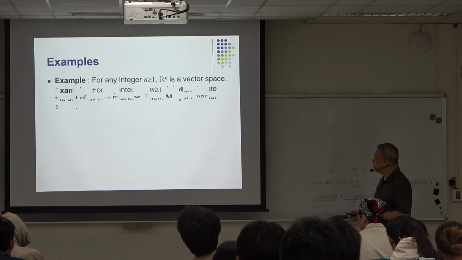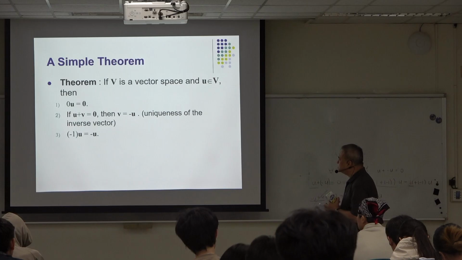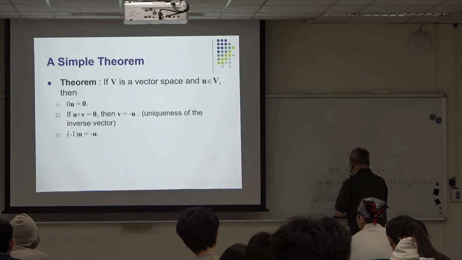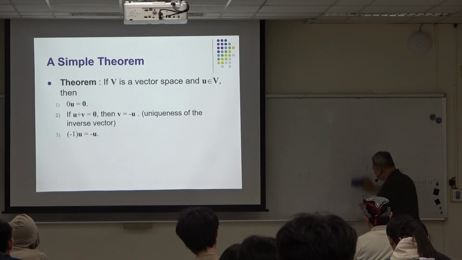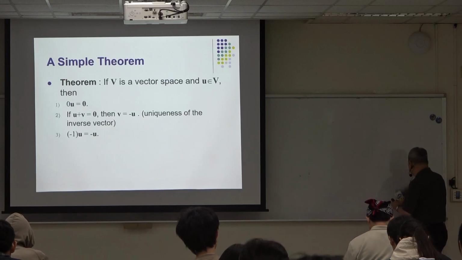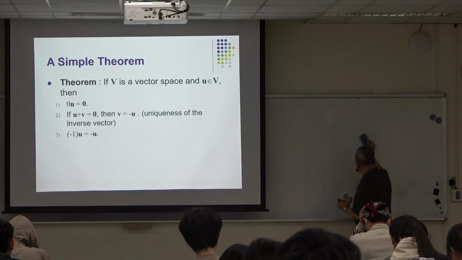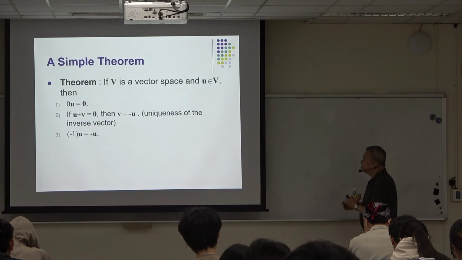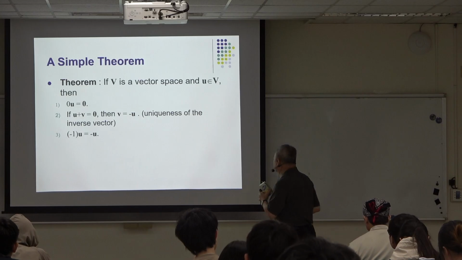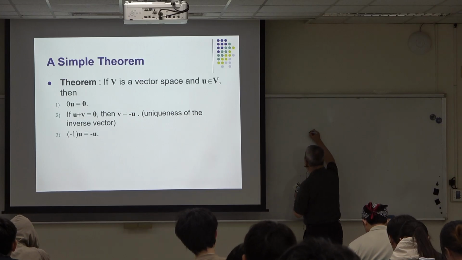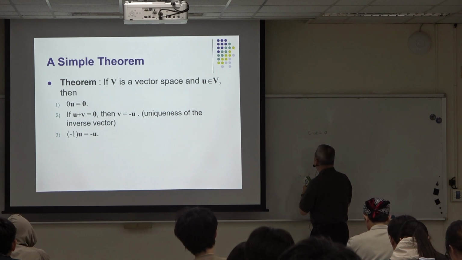So with that, let's look at the other. For example, 0 times u equal to 0. This is what we want to prove.